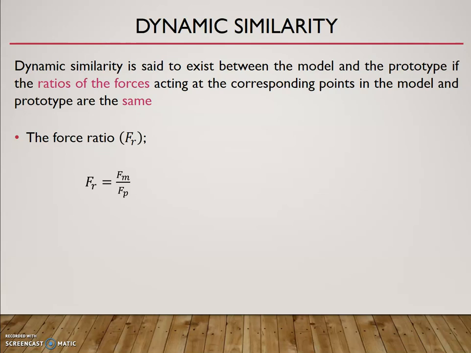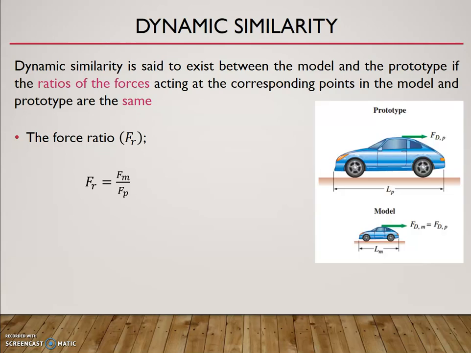Fr is equal to Fm over Fp, where Fm is the model force and Fp is the force on the prototype. In this figure also, Fdp is the force on the prototype and the model force is equal to some ratio times the prototype force. That ratio is called the force ratio.